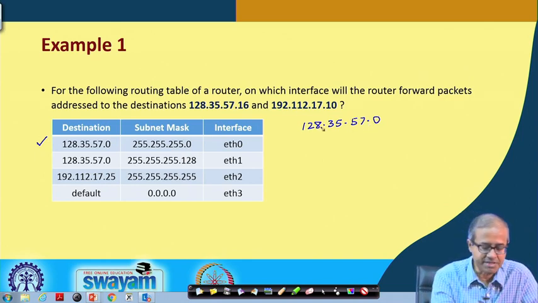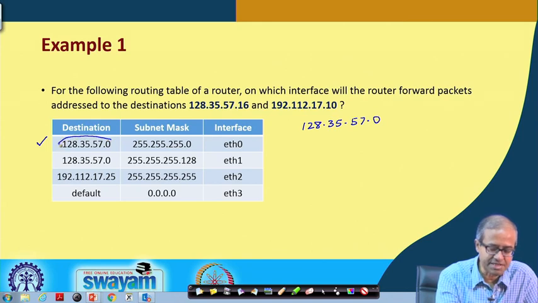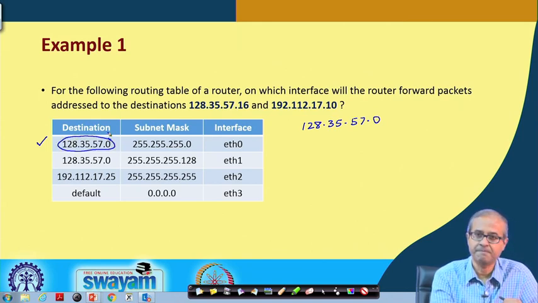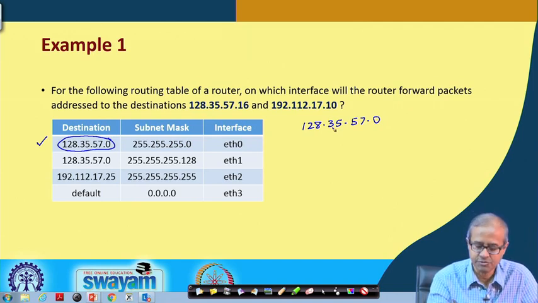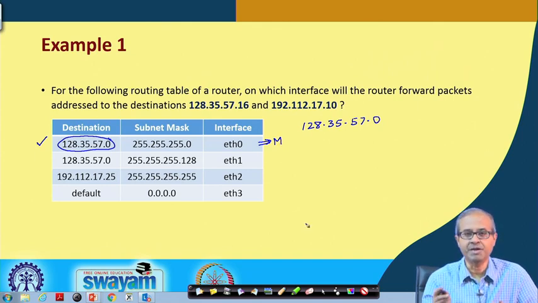If we compare this with the destination address here, you see that there is a match. This is exactly the same as this. So, in the first row you get a match, but in the routing table you do not stop here, you also check the other rows. I will tell you why.